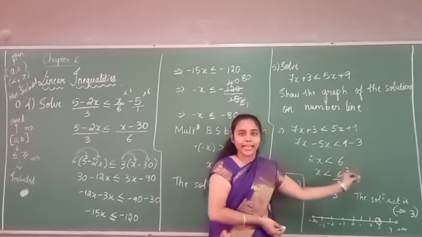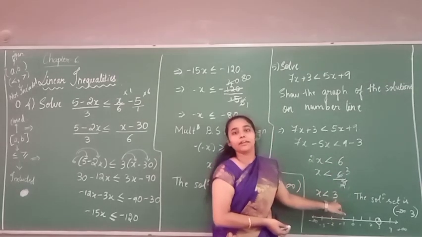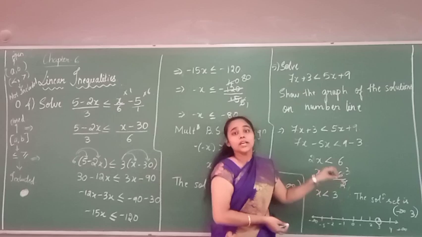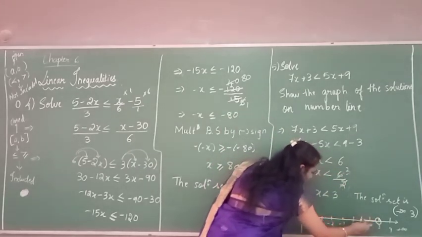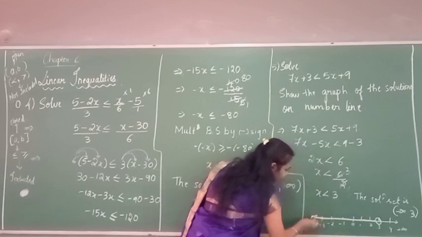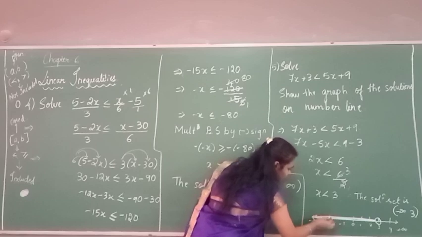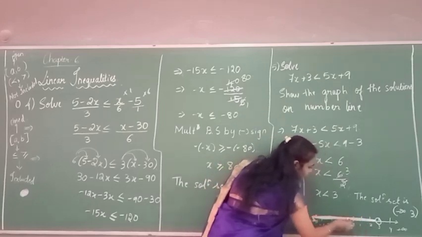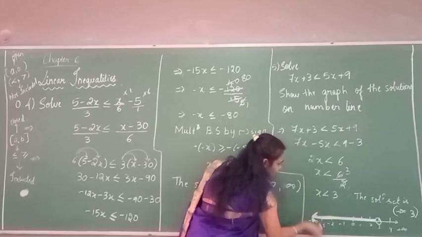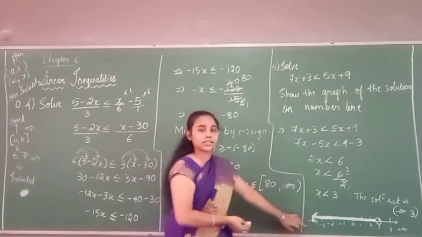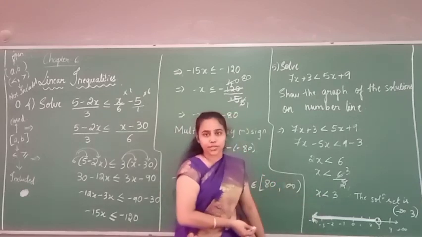We consider this as an interval, so we say that the interval end is not included. That is, 3 is not included. Apart from 3, all other values up to infinity are included.